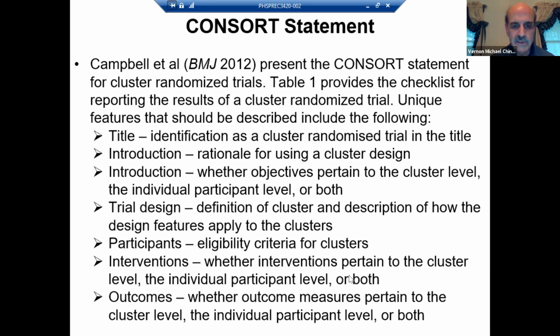Again, the reference is in the last few slides. We'll look at it briefly. This CONSORT statement has a checklist, similar to the standard CONSORT statement, on how you should report the results from a cluster randomized trial. I want to point out a few of the unique features.